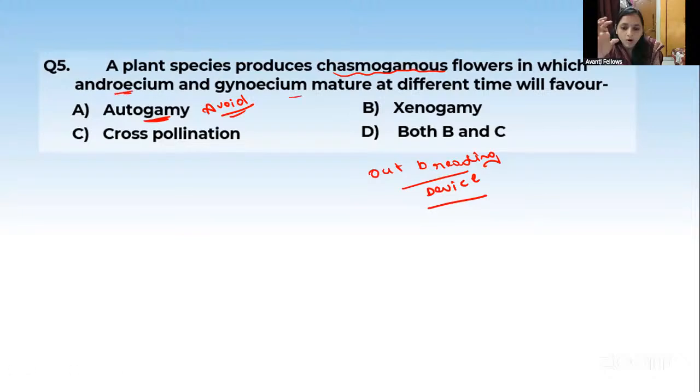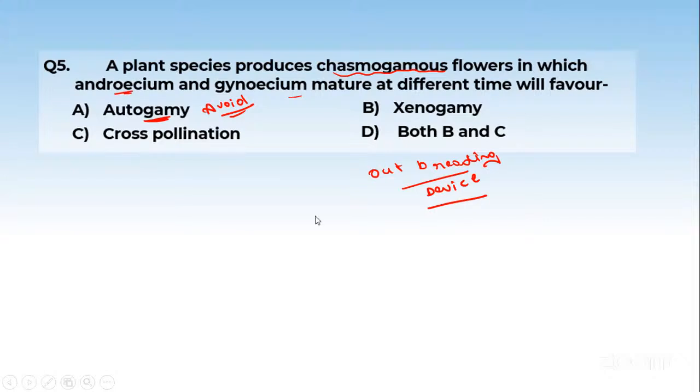If they are maturing at different times, how can autogamy or self-pollination happen? Autogamy is nothing but self-pollination. Yes or no?